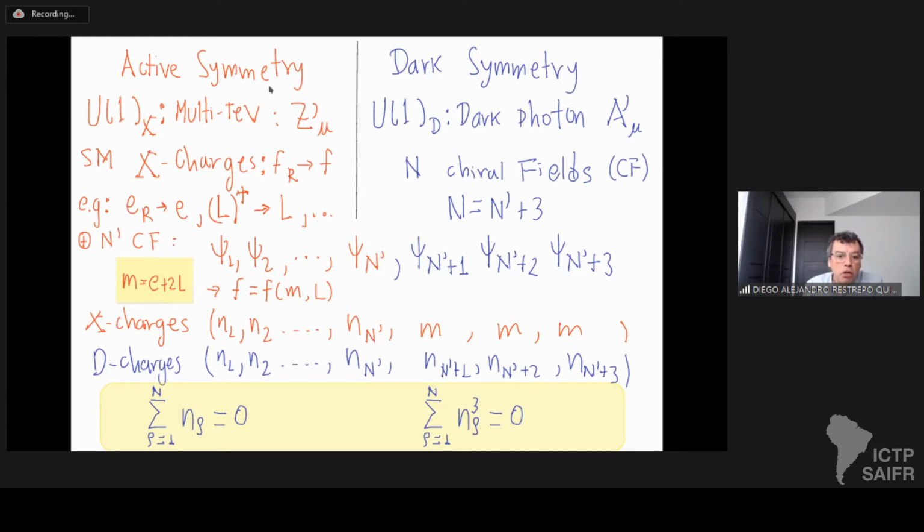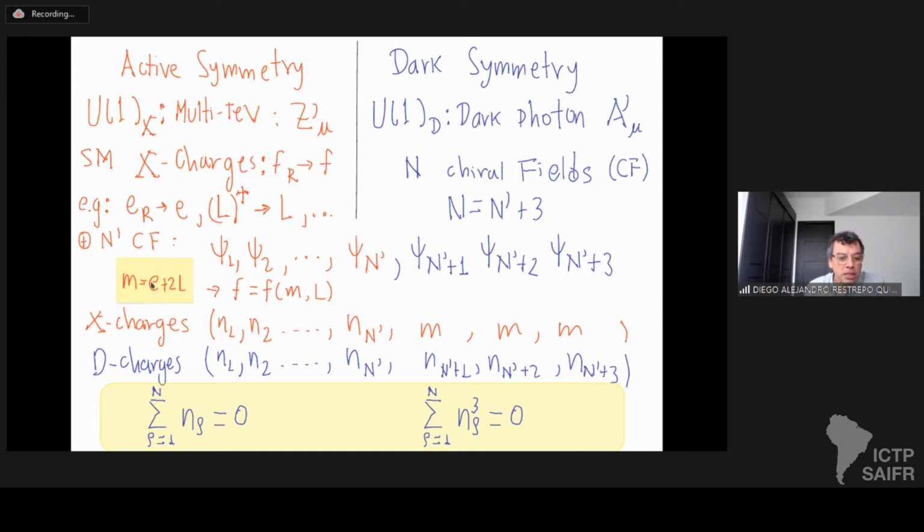It is well known that in the case of the active symmetry, we can express the solution of the full anomaly conditions, the linear and cubic ones, in terms of 2 free parameters that I will choose to be L, the charge of the left-handed lepton doublet, and M, a free parameter that depends in some sense on the charge of the right electron.